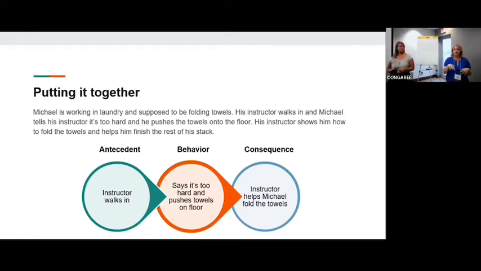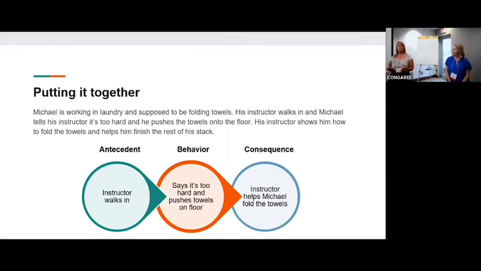If the instructor comes in and does it for him and helps him, in the future, him saying it's too hard and throwing that stuff on the floor is probably going to increase because it actually got him out of having to fold so many. That is a great point, because that's why we want to know why it's happening. You would treat that two totally different ways. You would either teach the student the skill, or you would have to work on them sustaining a skill that they don't like as much. So that's why that function is so important.